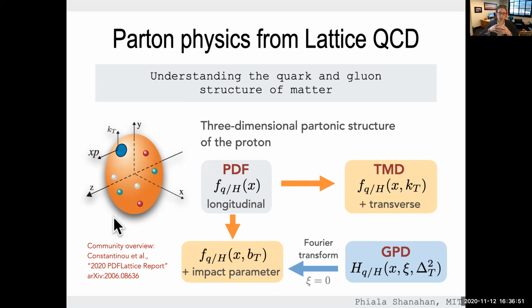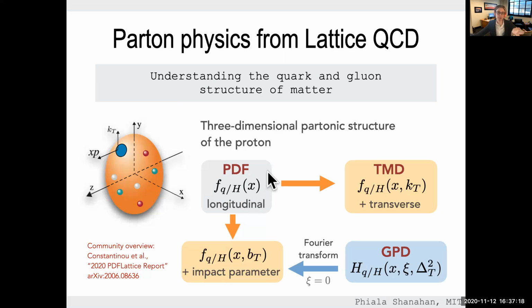So if we're thinking about the quark and gluon structure of the proton, we encode that structure in a number of distributions. So one of the simplest we can think about is the parton distribution functions here. These f's are the number densities of quarks or gluons of some flavor f in the hadron H, say the proton, carrying some longitudinal momentum fraction x, so some fraction of the longitudinal momentum of that proton.